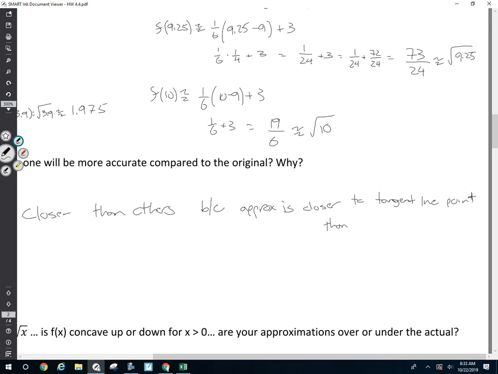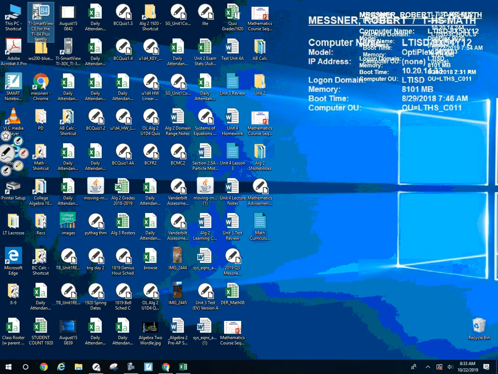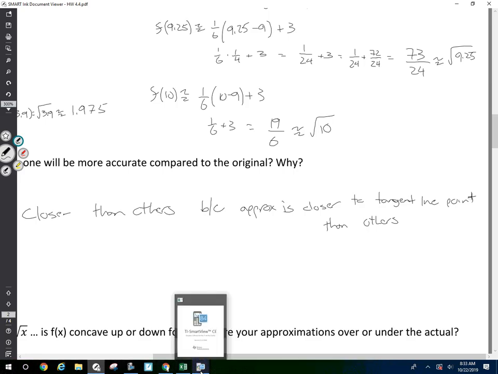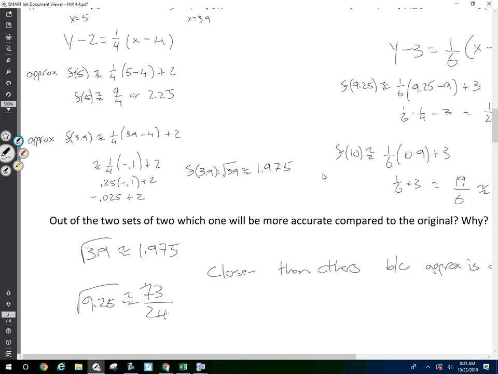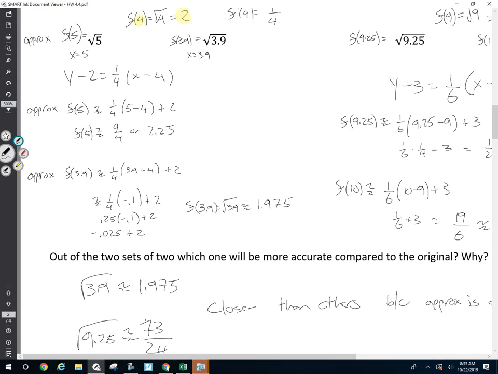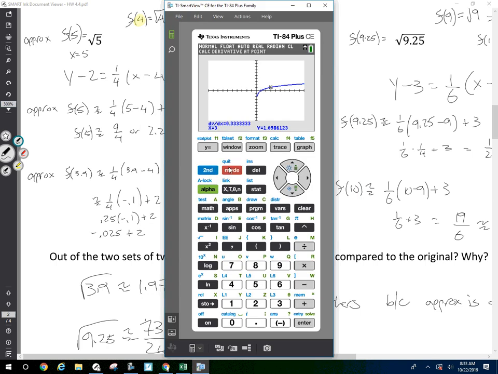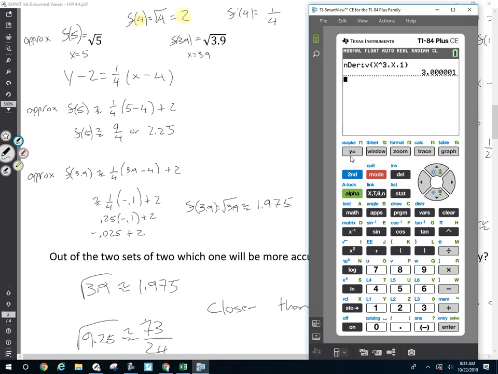And then the others. I'm going to go ahead and confirm that. So root 3.9, the actual value is 1.9748.